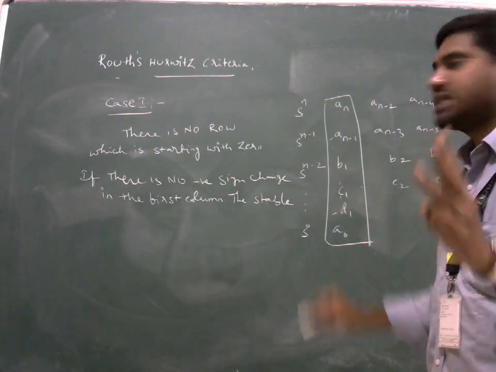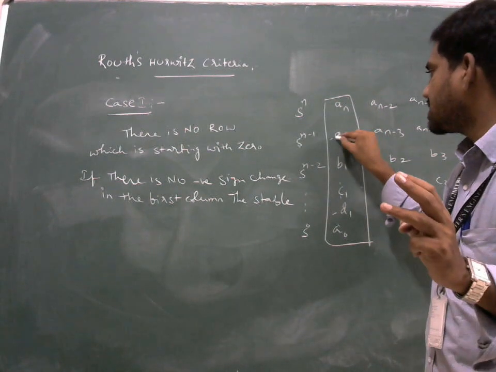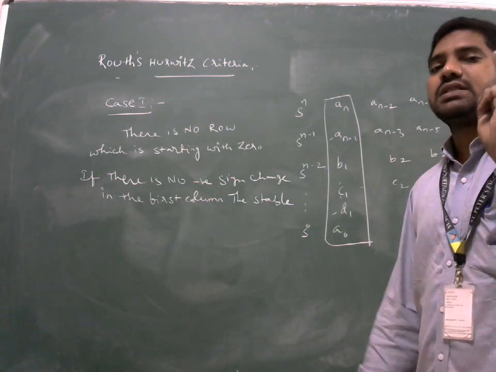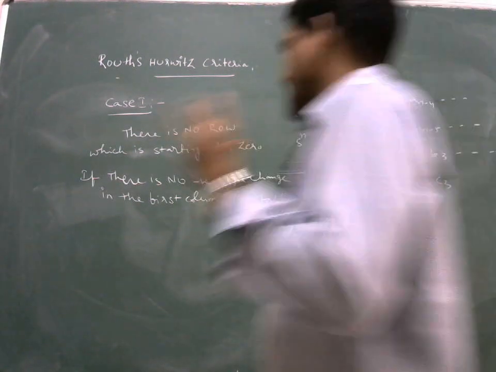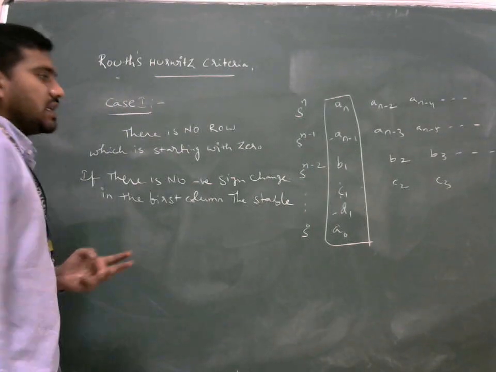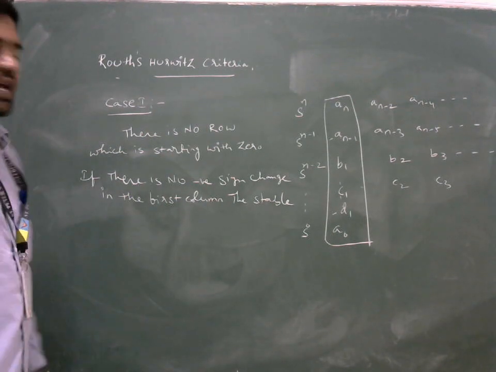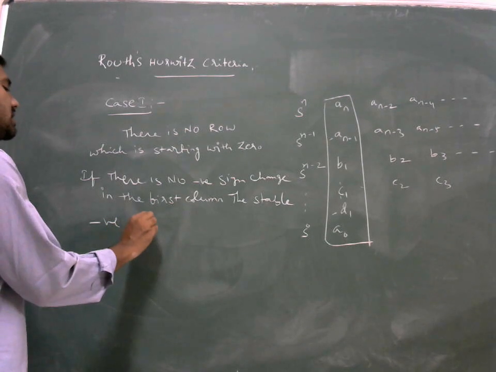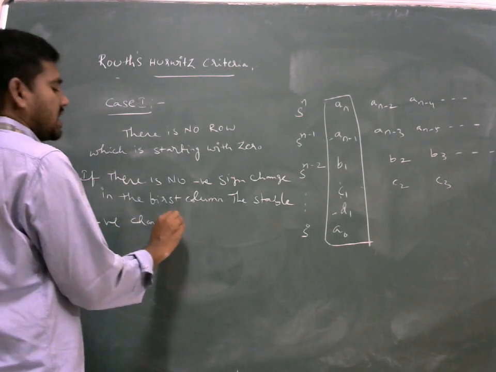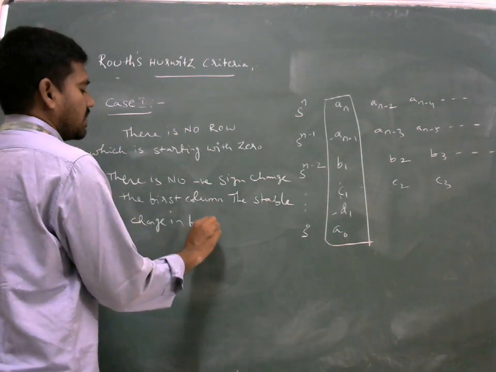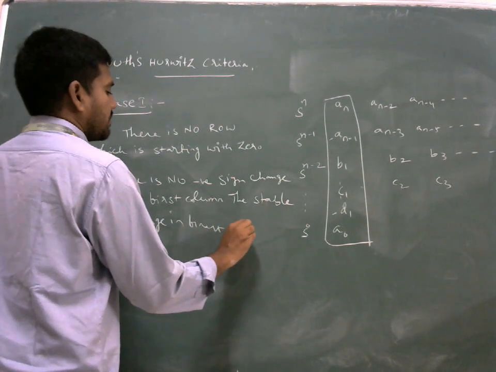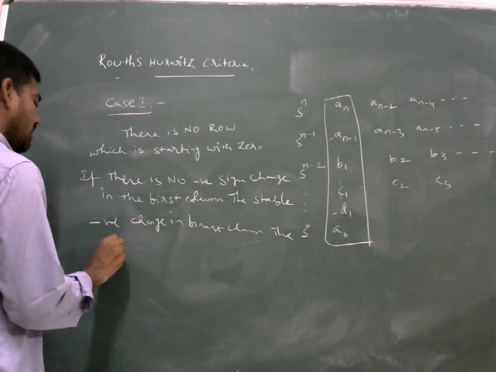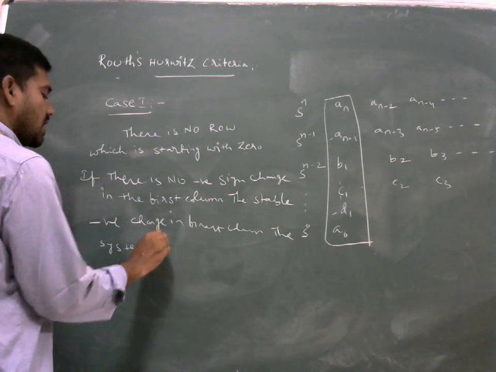So 3 sign changes are there. If there is a sign change in the first column, the system is unstable.